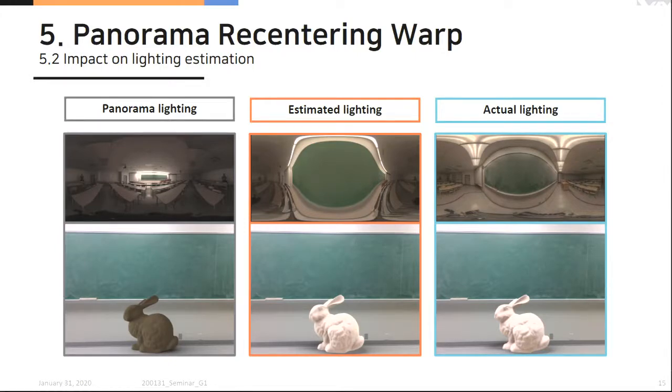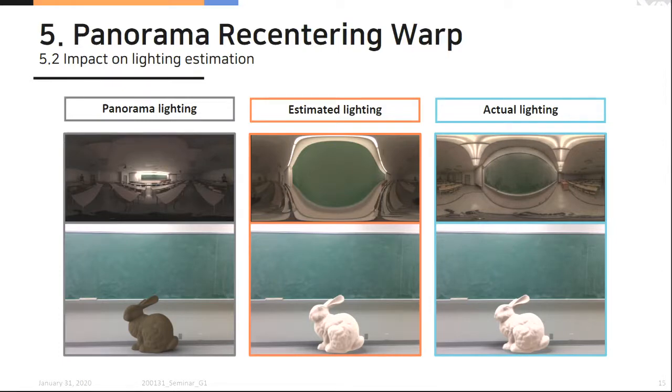They just didn't consider it that way. They would rather annotate all the information in the panoramic data.